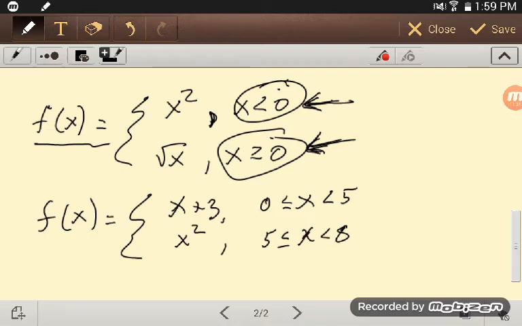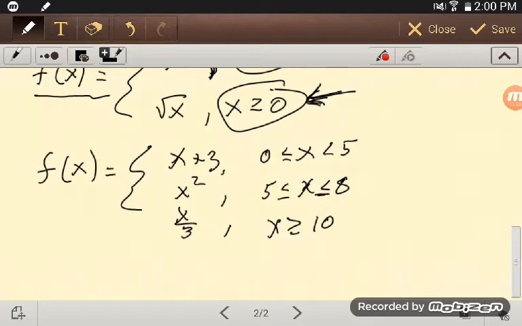And then I could actually skip. Now this is strictly less than 8. Well, we'll make it less than or equal to 8. And then we'll use something like x over 3 when x is greater than or equal to 10. And so here, if x is negative, it's undefined. I mean, I've got nothing here.